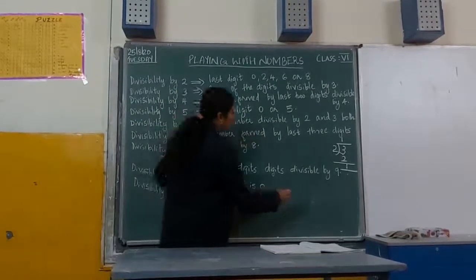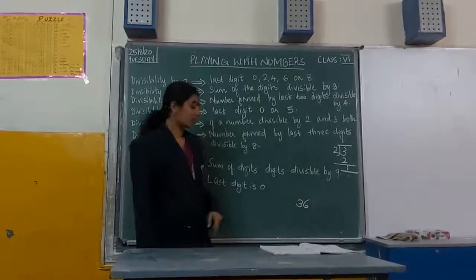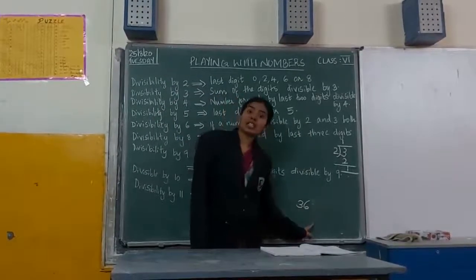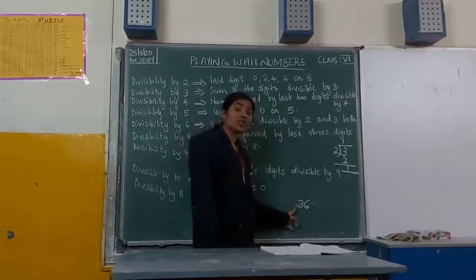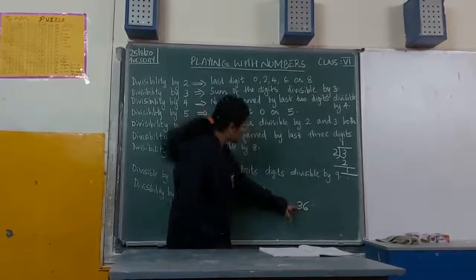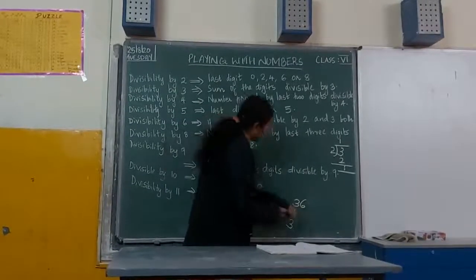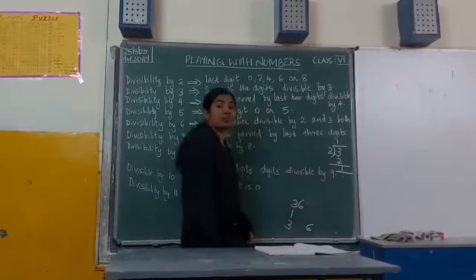For example, the given number is 36. How to check the divisibility? Add all the digits. Which are the digits they gave? 3 and 6.